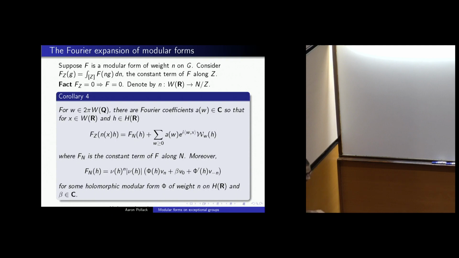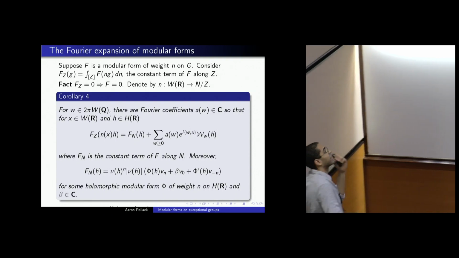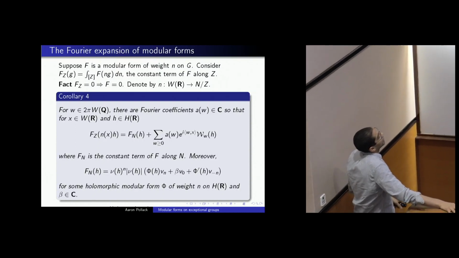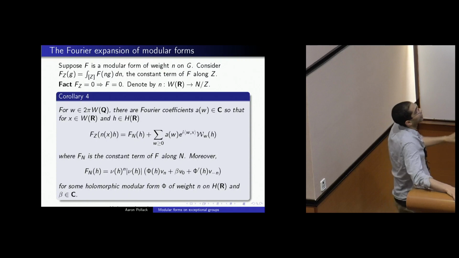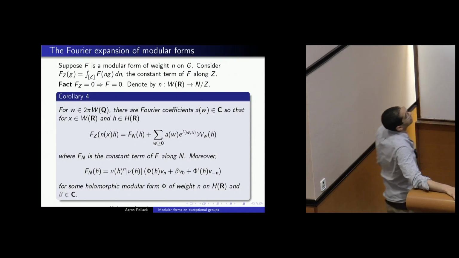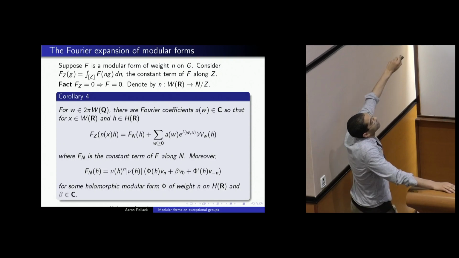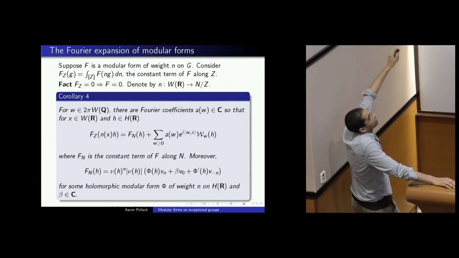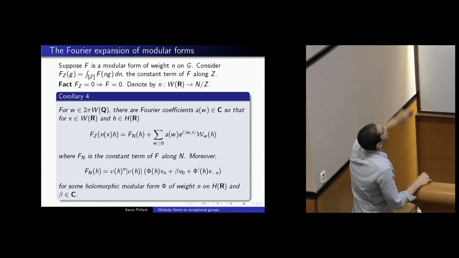Okay, so the corollary of the main result that I mentioned before is that there's a nice, robust Fourier expansion for these modular forms on exceptional groups. So this is the statement of that. Suppose you have a modular form of weight n on one of these groups G. So G could be G2, it could be SO(n,4) if you only like classical groups.